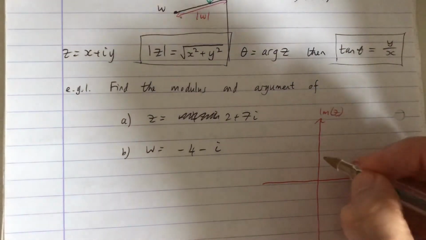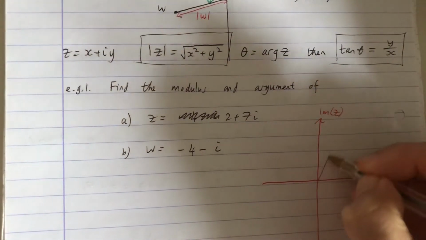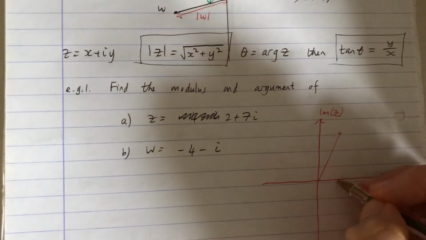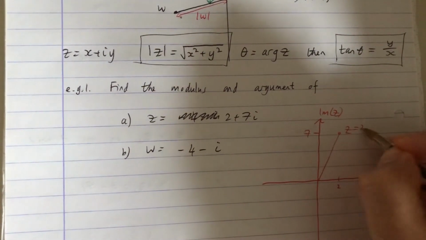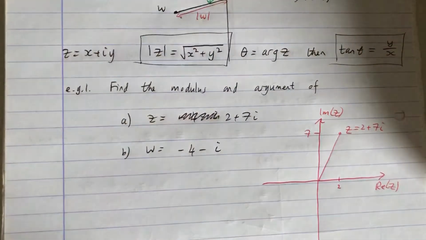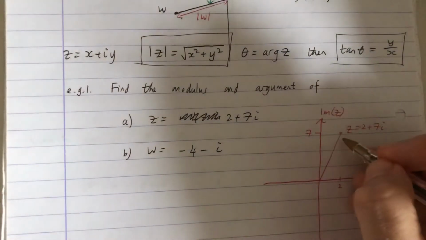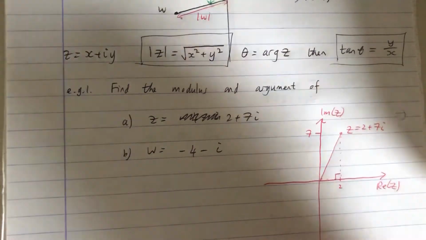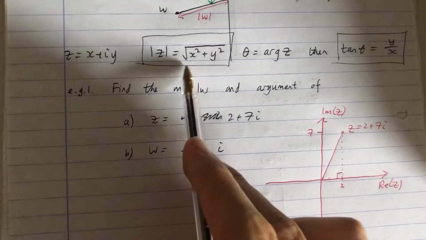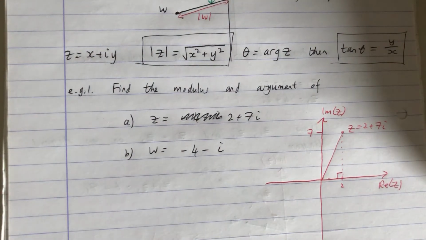So this complex number is 2 across, 7 up. And that's Z. The first thing you might want to do is make it look like a right-angled triangle. And it helps you then with these two formulas.